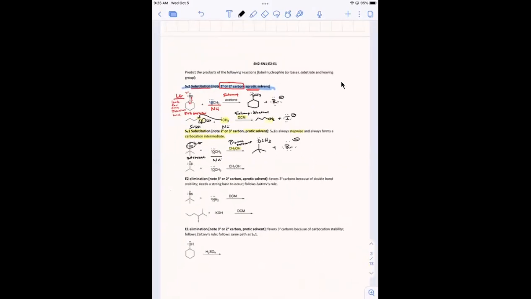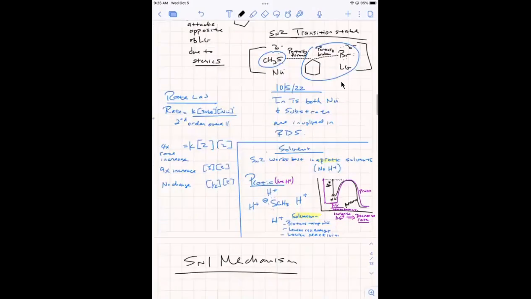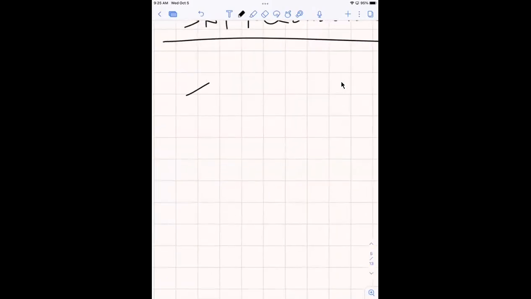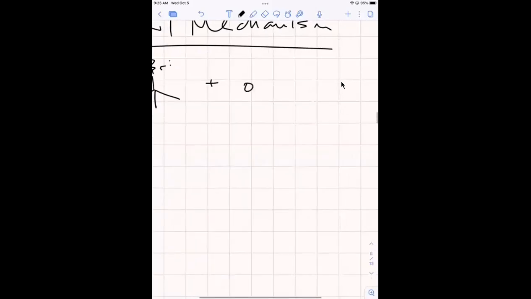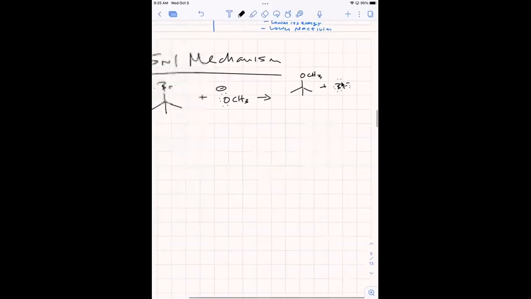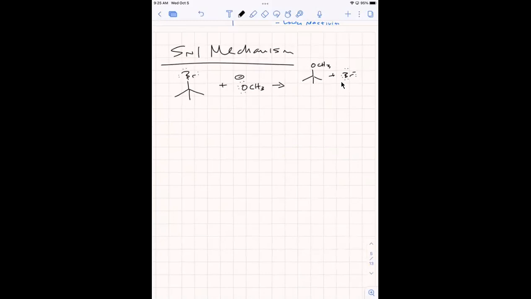All right, so let's take that same reaction. I'm going to talk about how it works. With this particular mechanism, it's not concerted, it's stepwise.